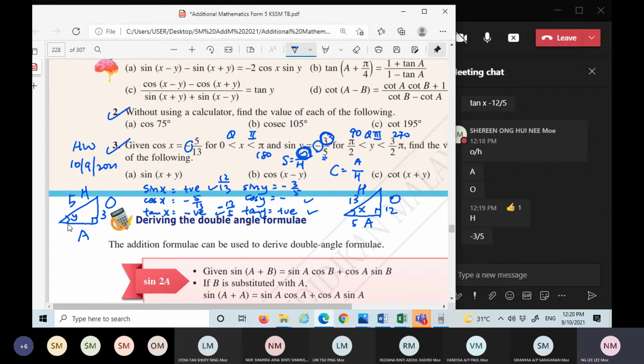First of all, you have to find the length of adjacent. Okay, can you find the length of the A?